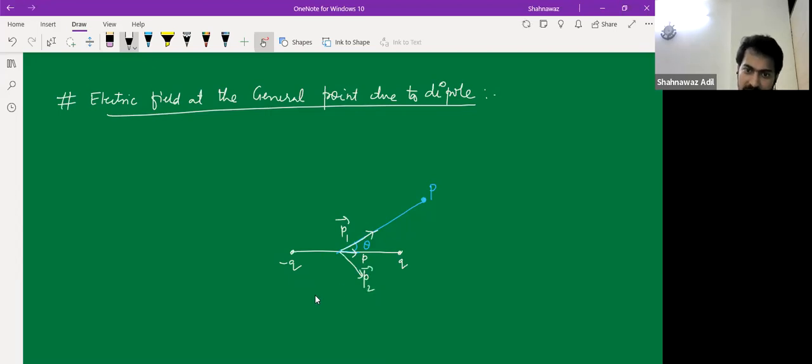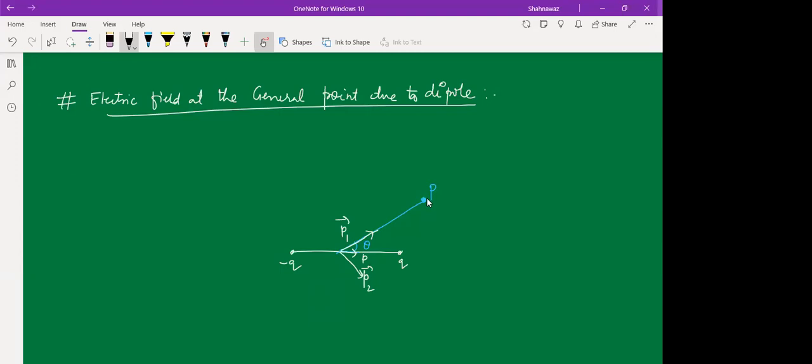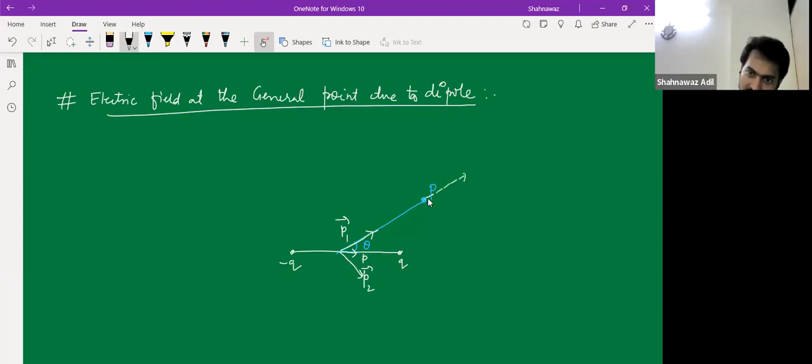In the direction of P1, I have this electric field E1, and in the direction of P2, I have this electric field E2.